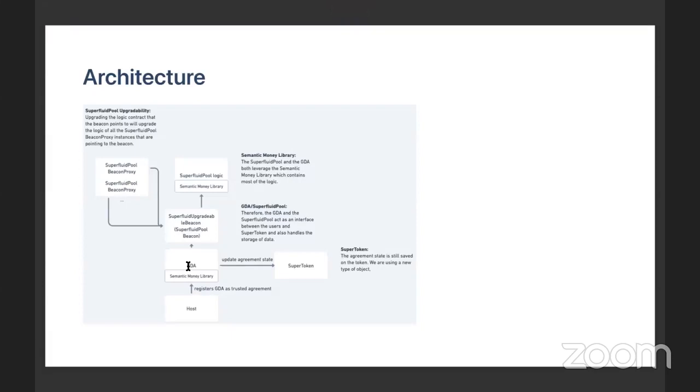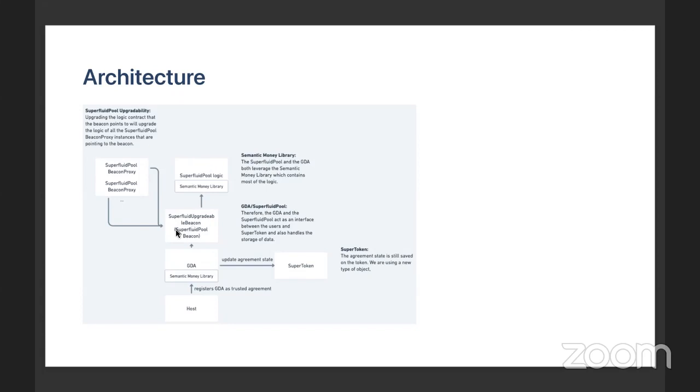So just to quickly go over the architecture. It's pretty similar to CFA and IDA. You basically register the agreement through the host. The GDA does some modifications to the super token contract storage. And the main difference is that there is an extra piece here.